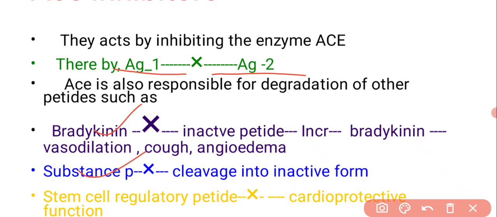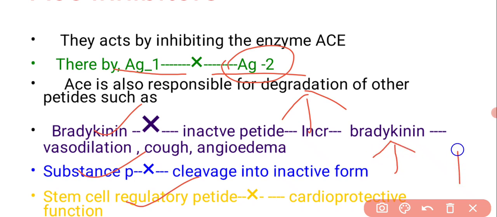and it is also responsible for the breakdown of substance P, and the breakdown of stem cell regulatory peptide. So apart from inhibiting the production of angiotensin 2, bradykinin levels are also elevated in the body, substance P levels are also elevated, and stem cell regulatory peptide levels are also elevated.